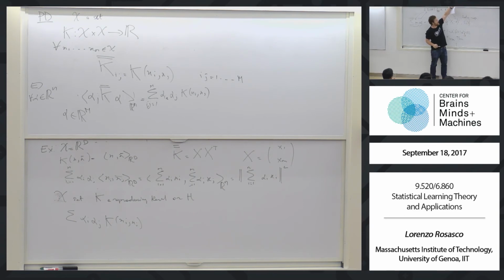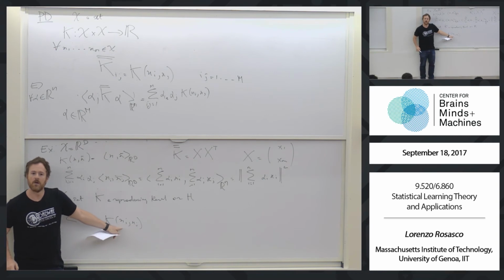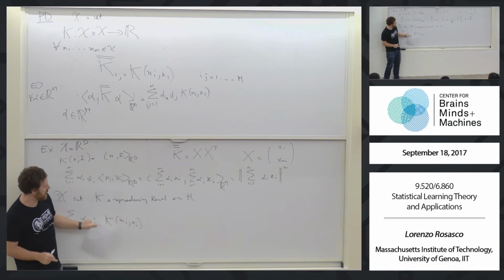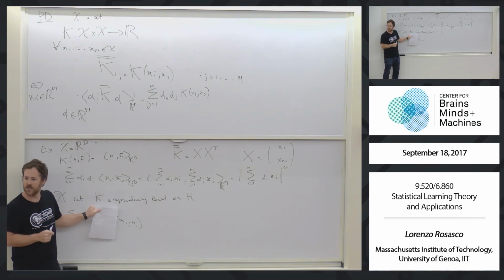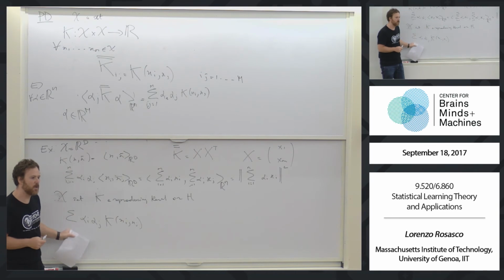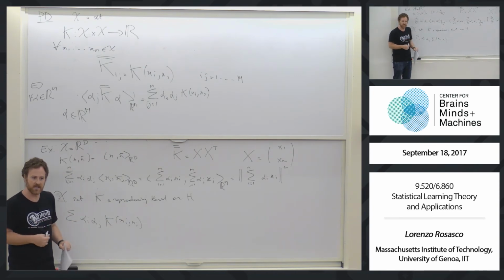Because look, it says that I can write k xi xj. How? Well, this is just the function kxi evaluated in xj. So how can I write this? I want to write it as an inner product, because once I've done that, I'm going to be basically done.